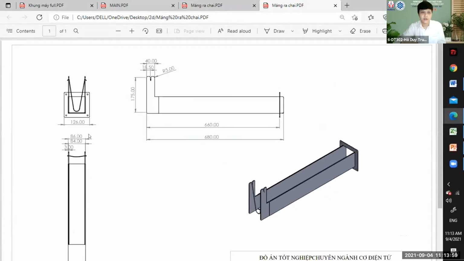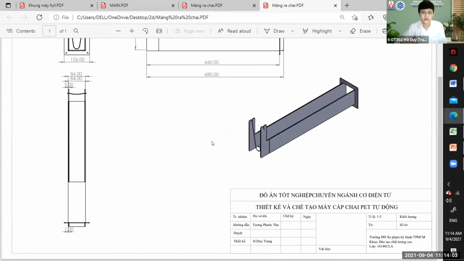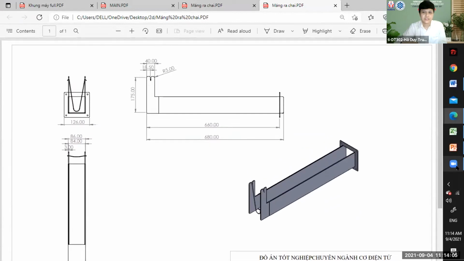This is our scrambler, the output with the flipper and the tunnel. And that's all.